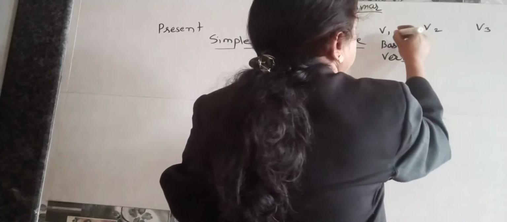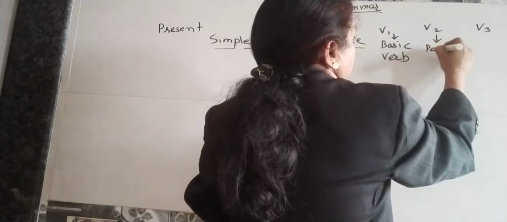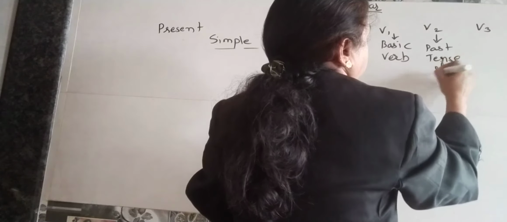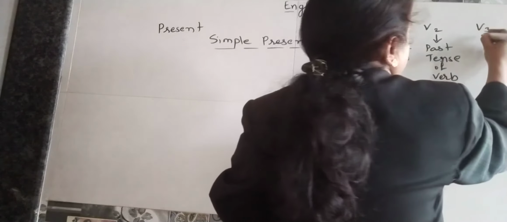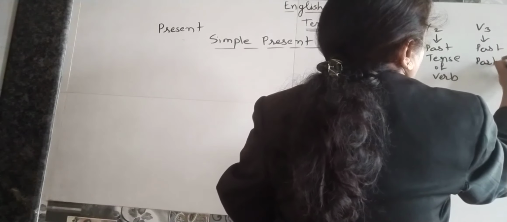V2 is the past tense of the word. V3 is the past participle of the word.